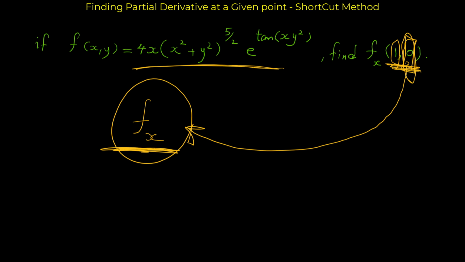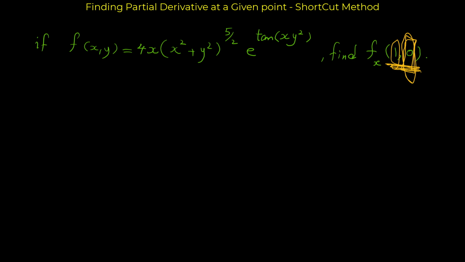But 0 for y is a constant in the process of finding the partial derivative with respect to x. So do not use 0 for y at the end of the process. Instead of that, plug in 0 first for y in the function, and it hopefully simplifies the function, then take the partial derivative with respect to x. So we solve this question in this way.